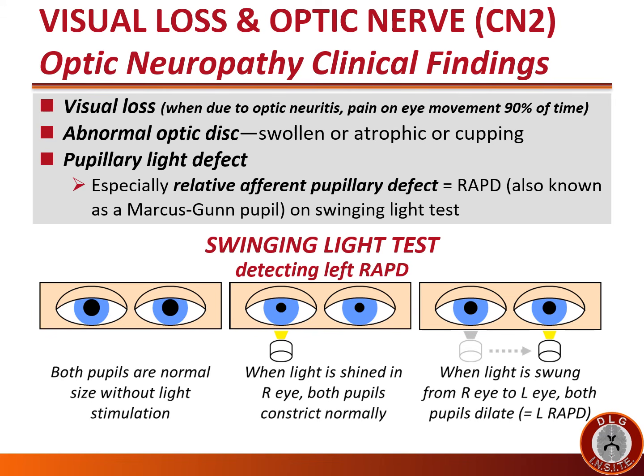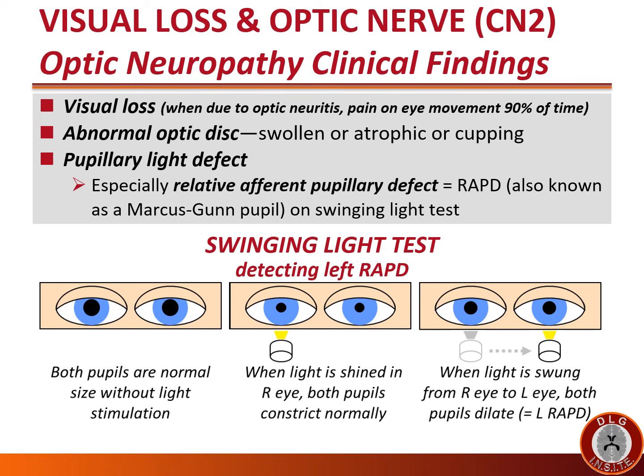A person we suspect has a left optic nerve disease or dysfunction. When looking at the patient without light stimulation, both pupils are normal size. When light is shined in the right eye, the good eye, both pupils constrict normally because the sensory input into the right eye is normal and the motor control of pupils on both sides is normal.